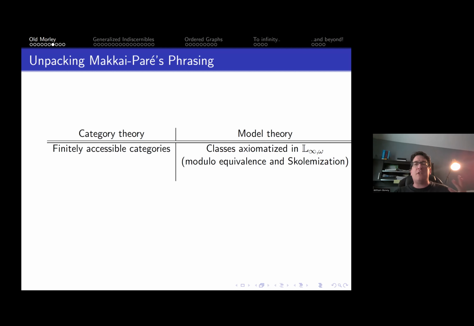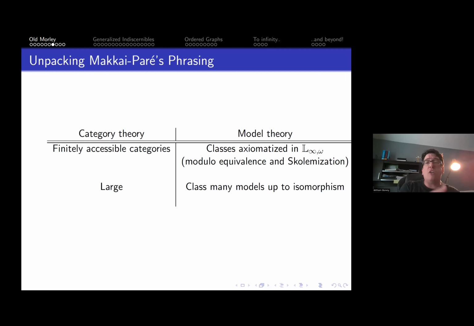The precise way of saying this is any finitely accessible category is equivalent to one axiomatized by some L infinity omega theory. And it's not the case that any L infinity omega theory is finitely accessible. Basically, you don't know you have finitely generated objects. But if you Skolemize it, then you get a finitely accessible category. And we're going to be Skolemizing all over the place. So that's fine.